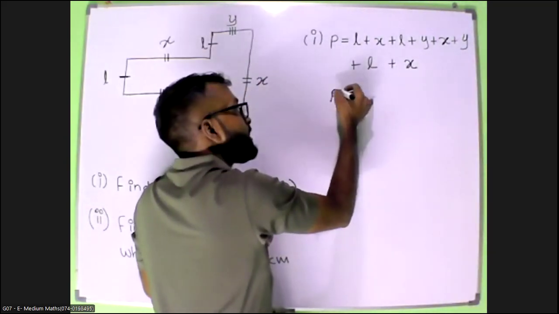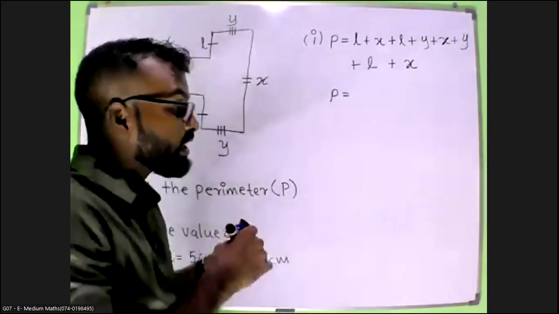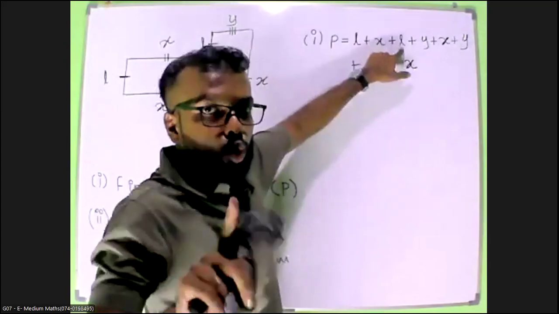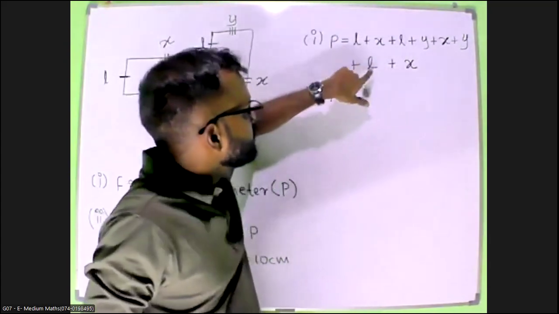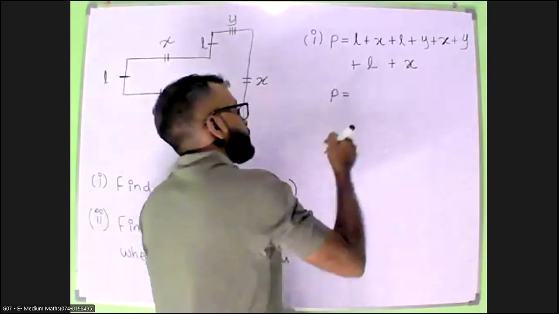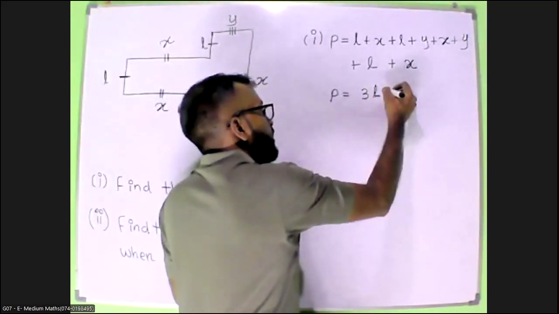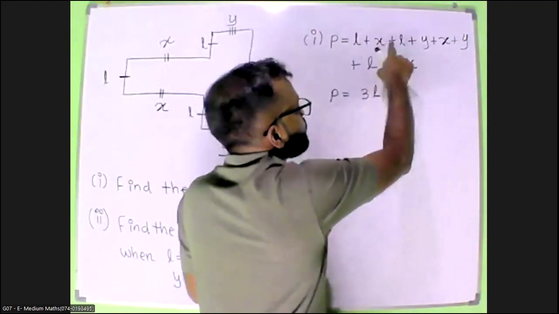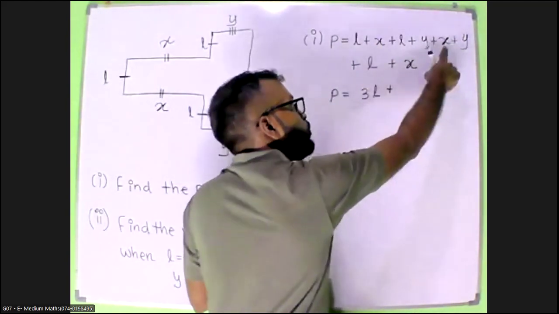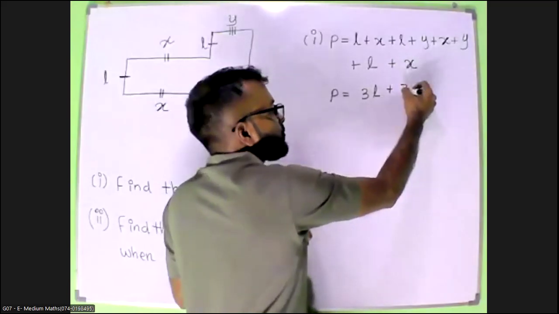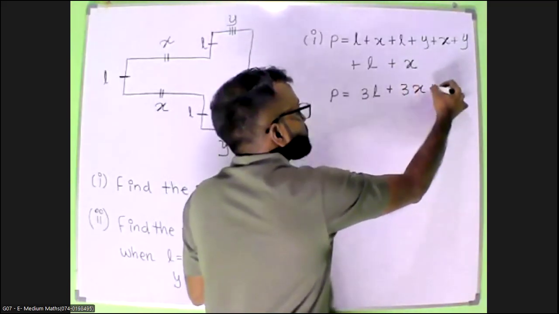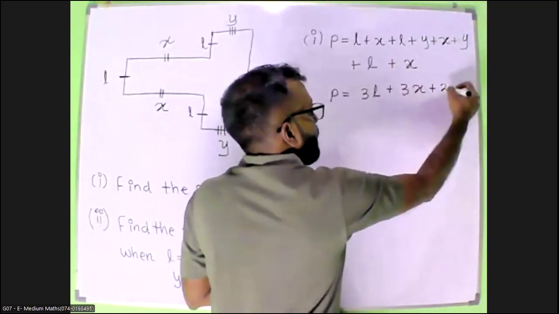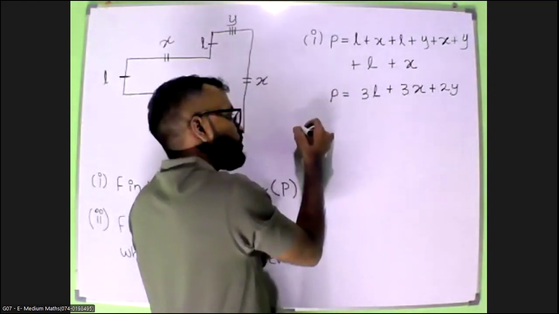So what are the like terms? What are the terms that I can add together? L plus L, 2L, 2L plus L, 3L. 3L plus now X. How many X's are there? X plus X, 2X. 2X plus X, 3X. Plus how many Y's are there? 2Y. Y plus Y, 2Y. Okay, so this is the answer for the first one.